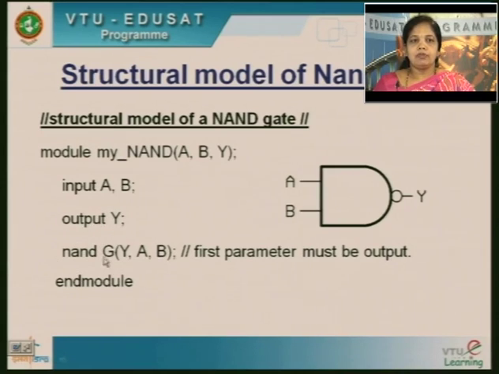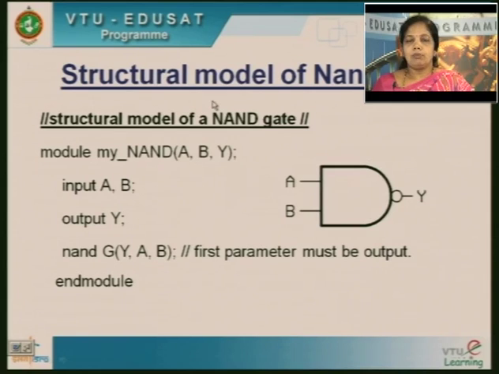I am using the keyword NAND, with the name of this gate as G. The functionality always starts with the output and then the inputs. Your first parameter should be an output followed by the inputs. Immediately a NAND gate will be designed if you give this functionality.